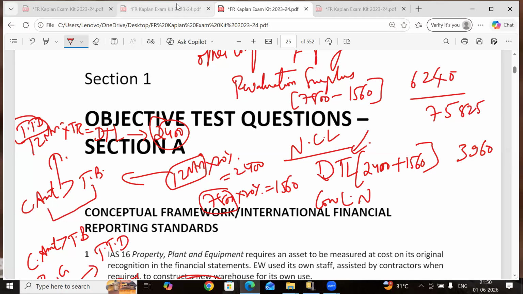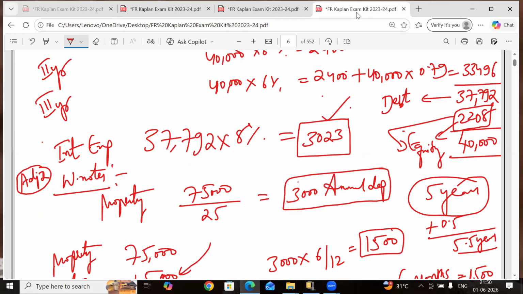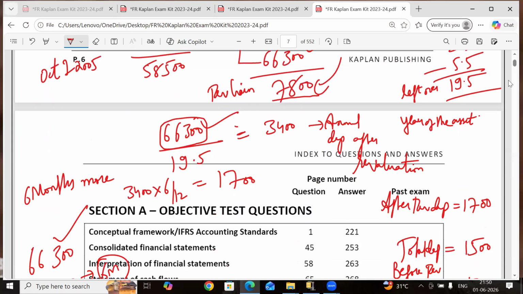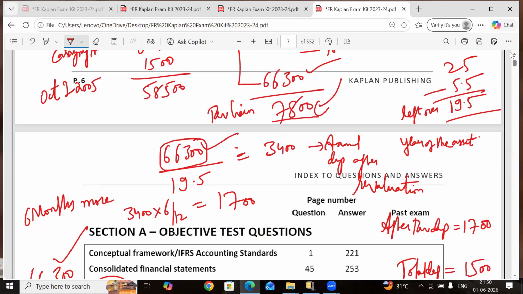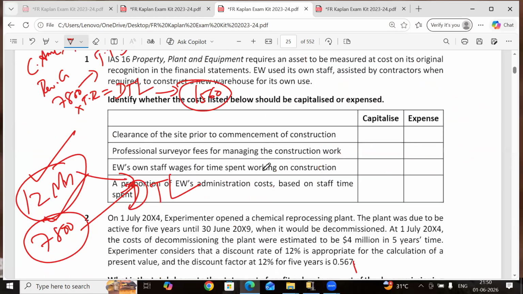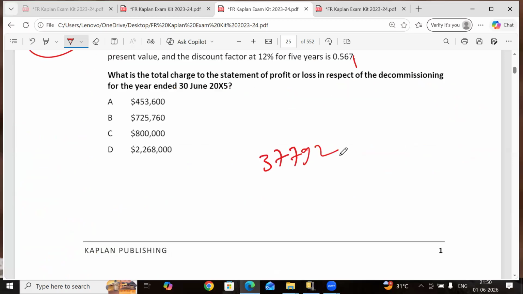So, we will again take that figure. 37,792 was the liability element.